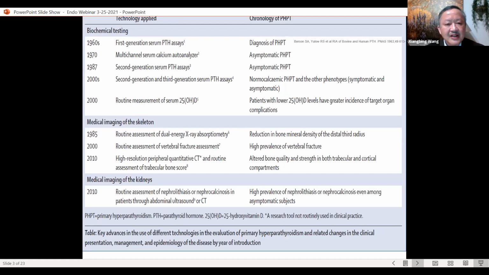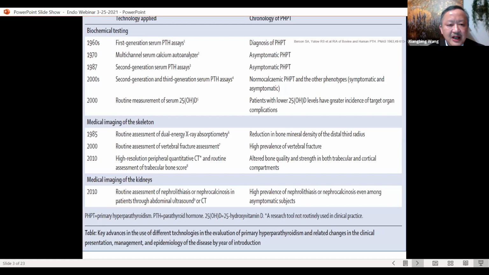At that time, we had a good tool to diagnose primary hyperparathyroidism. So at that time, it was classic kidney stone, bone pain, and all these things. But since the 1970s, because we developed methods to measure the calcium, we found asymptomatic primary hyperparathyroidism.